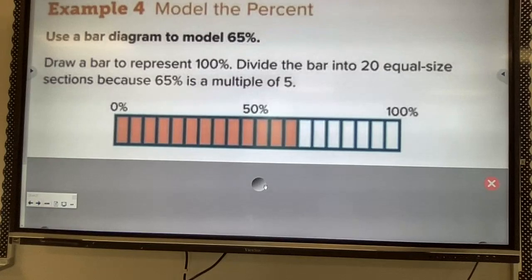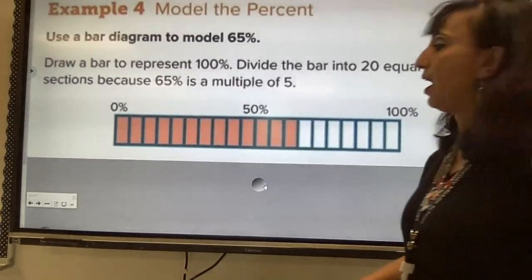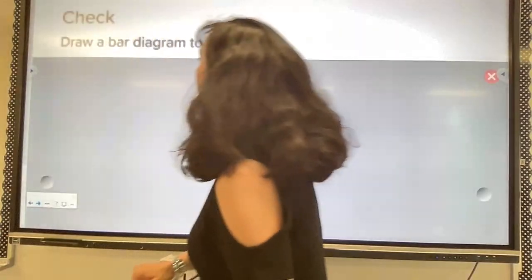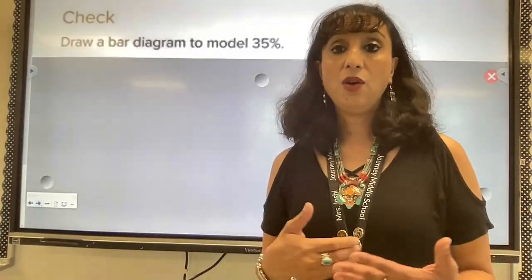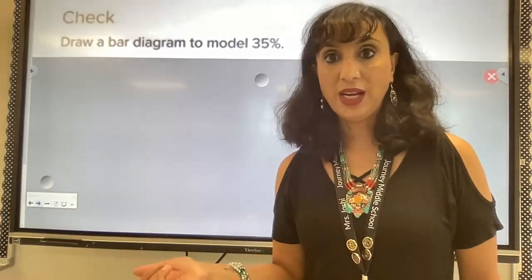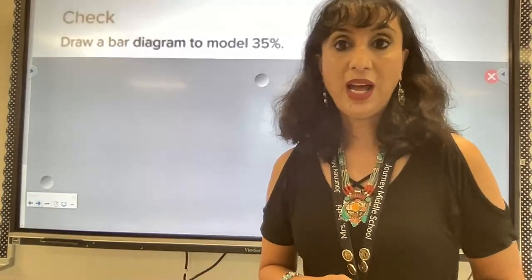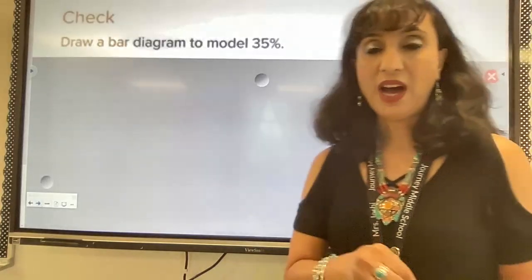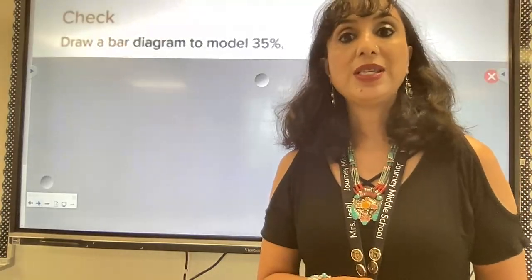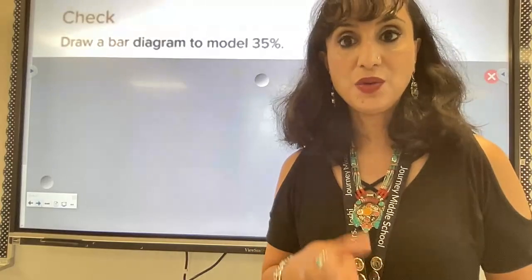All right, let's do one last problem. Draw a bar diagram to model 35%. To look at 35%, again, we have 5, 10, 15, 20. Because these are all multiples of 5, what I would do is break it apart into 20 parts.